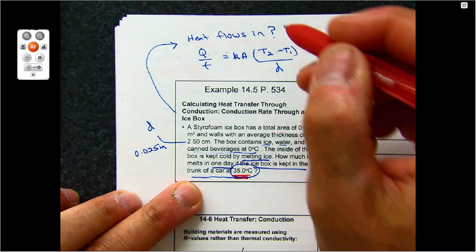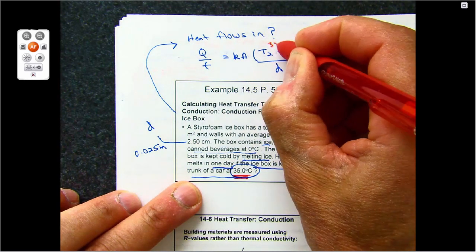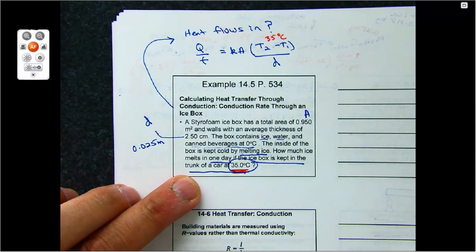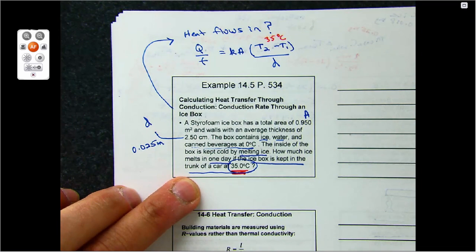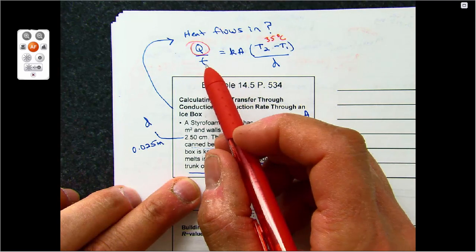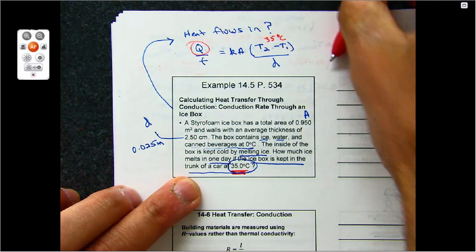So the temperature difference here, this is our 35 degrees temperature difference. I got to double check on how I ended up calculating that. We're going to solve this for Q. All we're going to do is multiply both sides by T. Because then we've got everything.